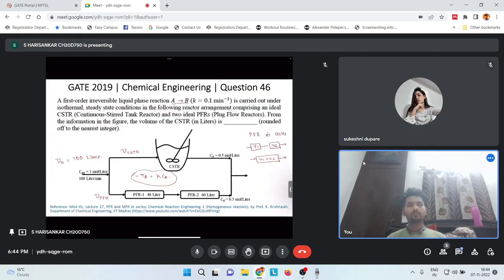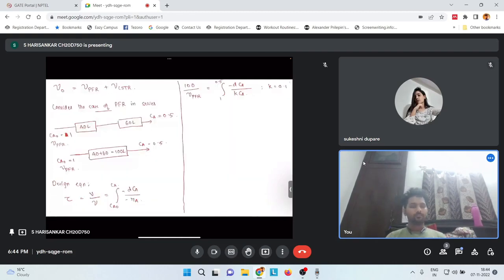So now we can integrate this and substitute the values of K also, and we can find the value of the flow rate of the PFR, that is nu PFR.